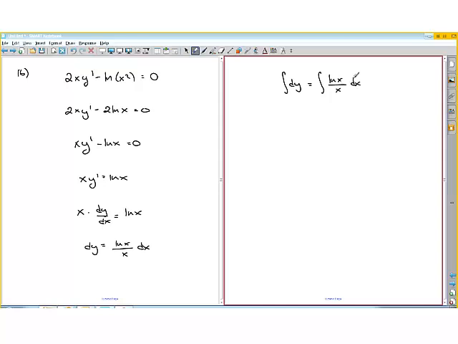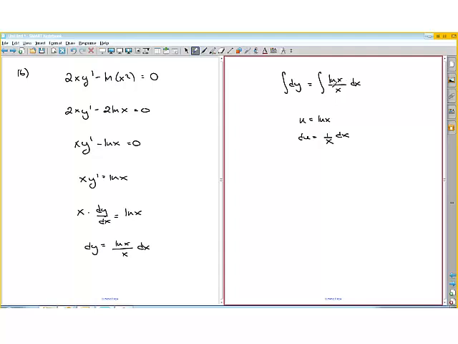So how do we solve the integral on the right-hand side? The one on the left-hand side, of course, is just y. The derivative of the natural log of x is 1 over x, so 1 over x dx. If we choose u for the right-hand side to be the natural log of x, then du is 1 over x times dx.